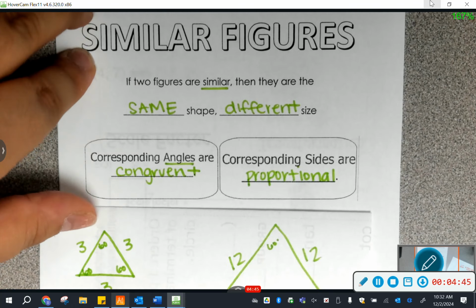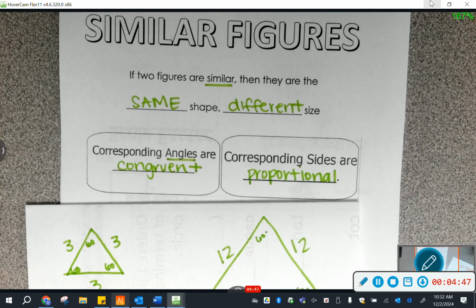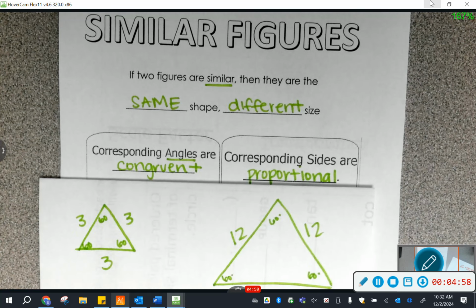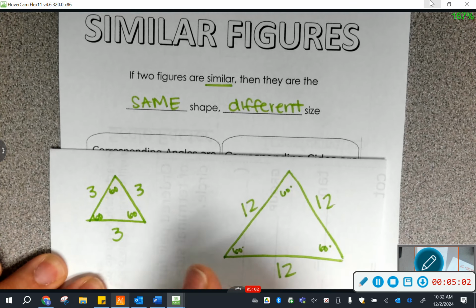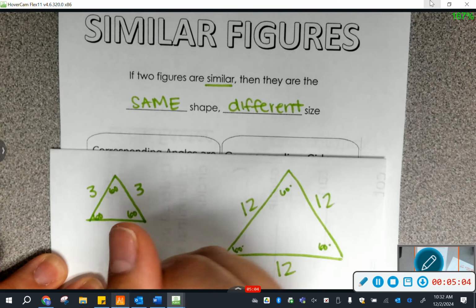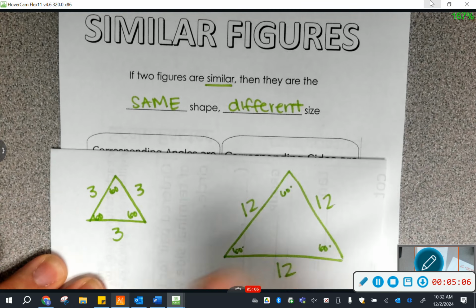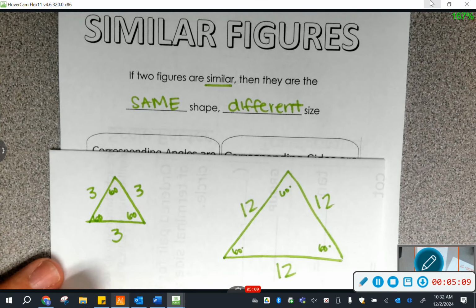Can everybody say proportional? Everybody say proportional. Thank you, Maddox. What does proportional mean? It's open.